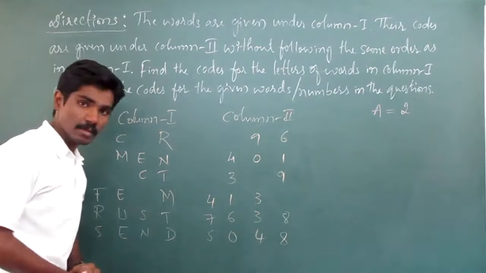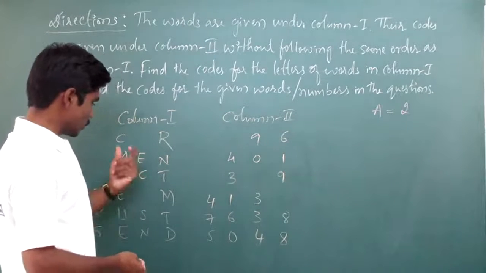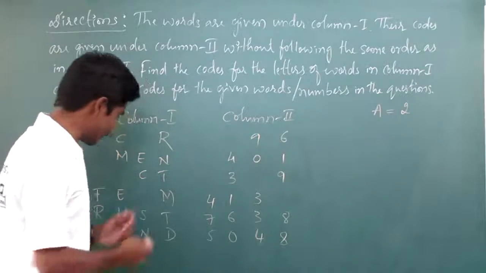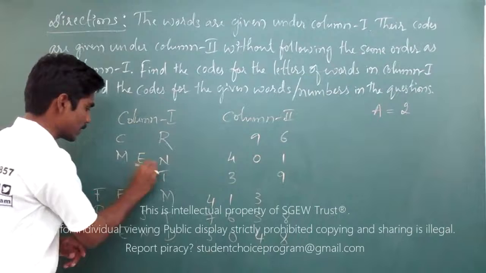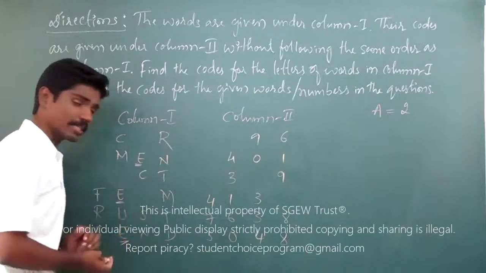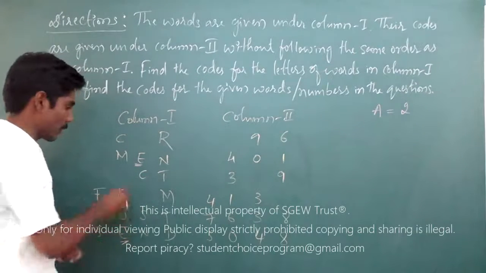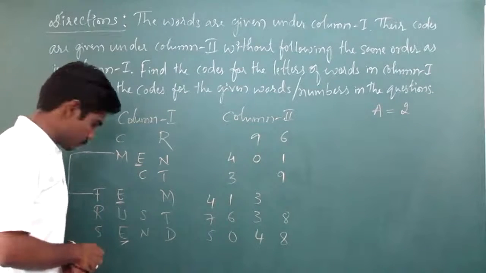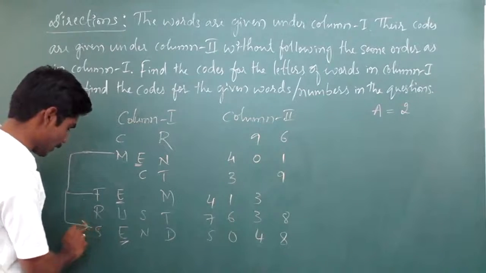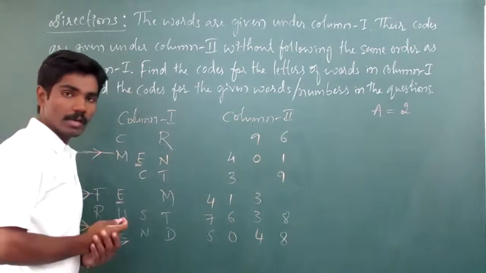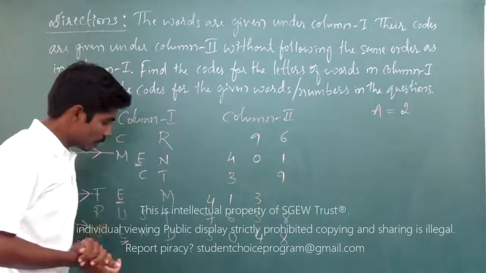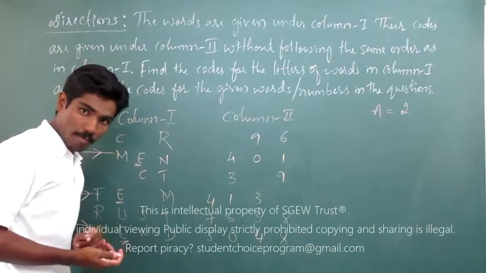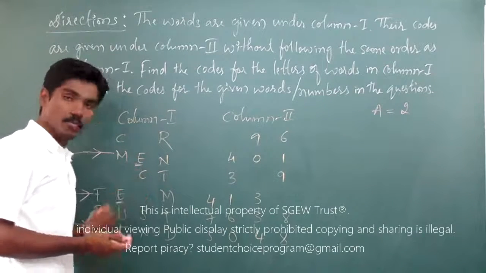Now well friends, once again I will code the letter which is present at maximum places, and when you observe this, the letter E is present at 3 places. For that I will consider the words MEN, TEAM and SEND. Now, to code the letter E, I look for the number which is common in the codes for these words.